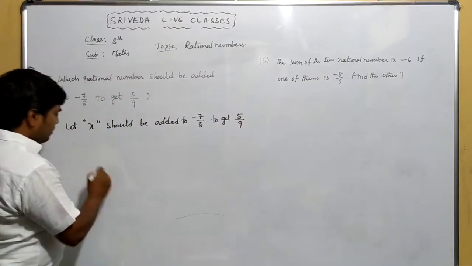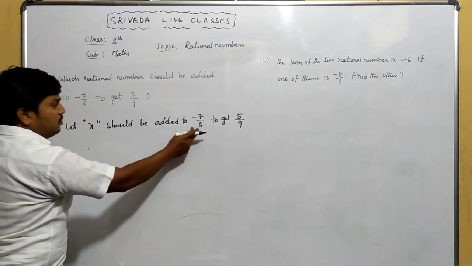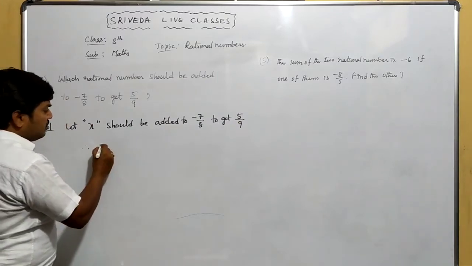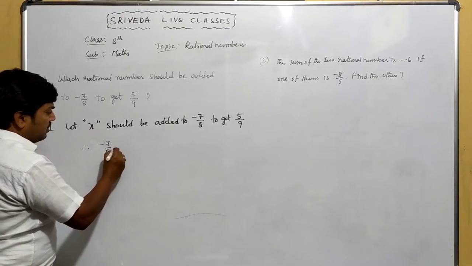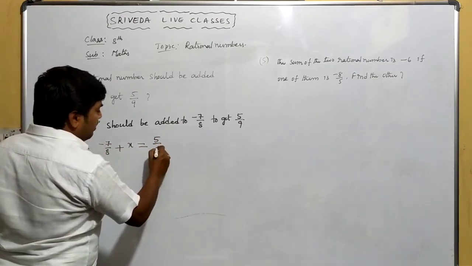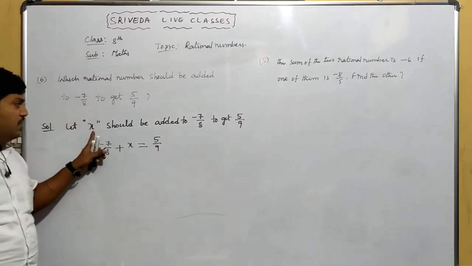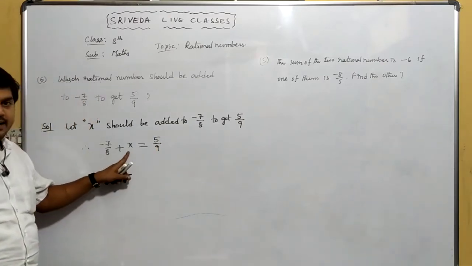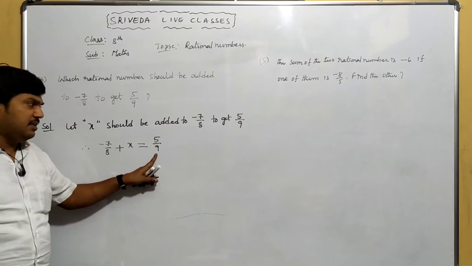So minus 7 by 8 plus x is equal to 5 by 9. We need to add x to this fraction so that we get this fraction.